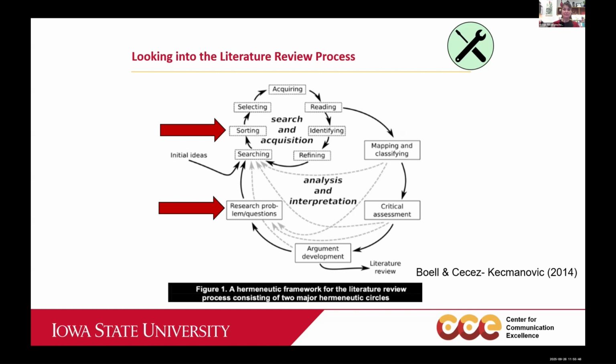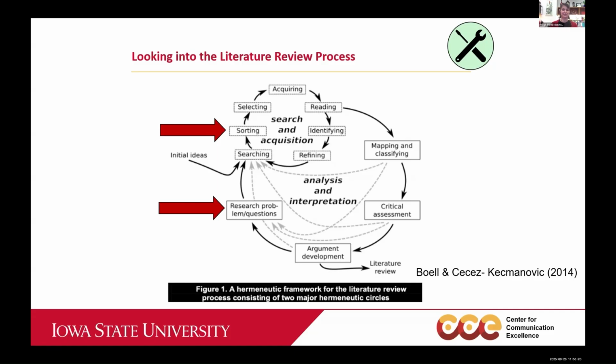My favorite at the moment for teaching graduate students about AI facilitated literature review, because they're working on the thesis and dissertation, I have come to really love this Boell and Cecez-Kecmanovic hermeneutic framework for literature review process, consisting of two major hermeneutic circles. I love this diagram because this is very reflective of how I really do literature review.